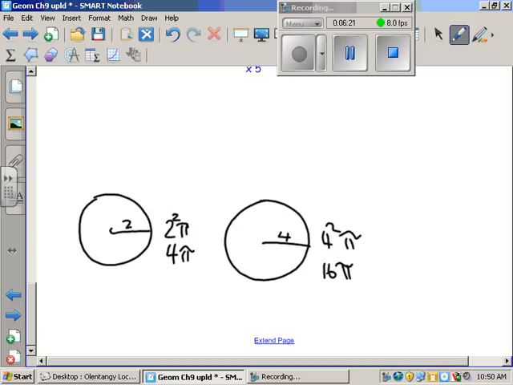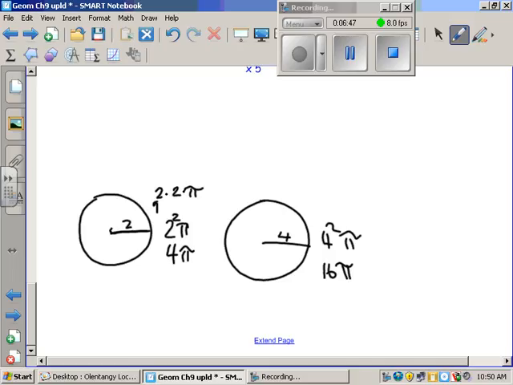And the answer to that is the fact that we are actually using 2 radiuses. See how we square it here? So really, this is 2 times 2 times pi. So we doubled this radius, just like we doubled the height of the shapes up above.